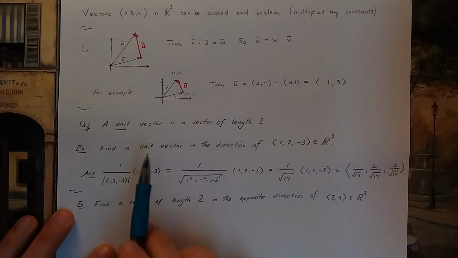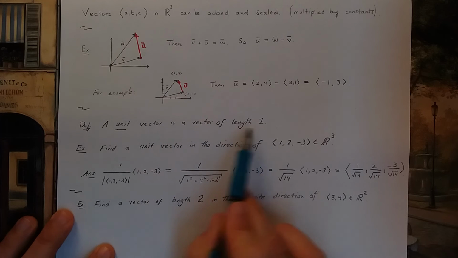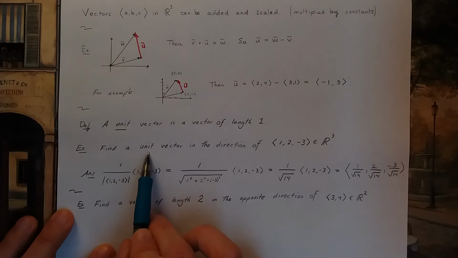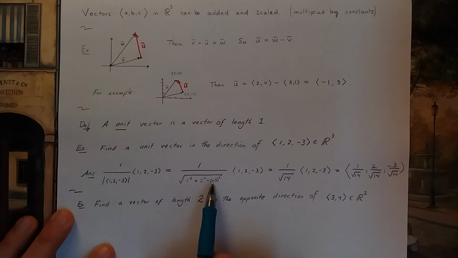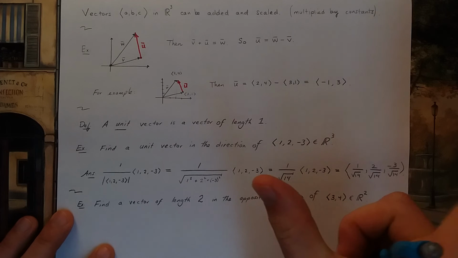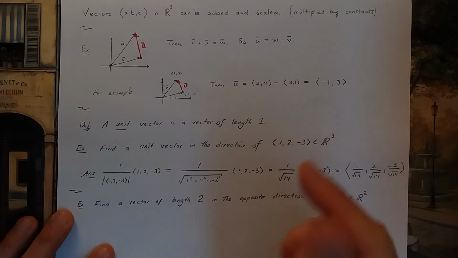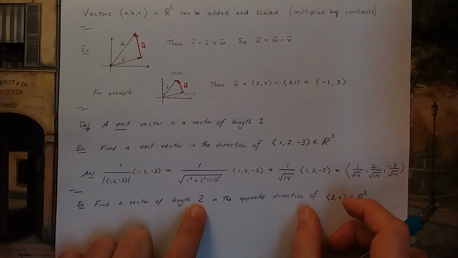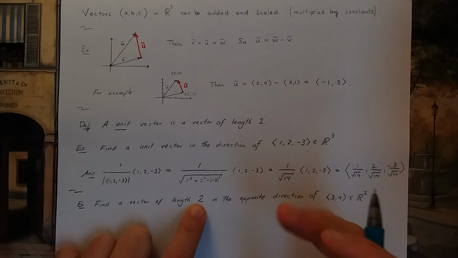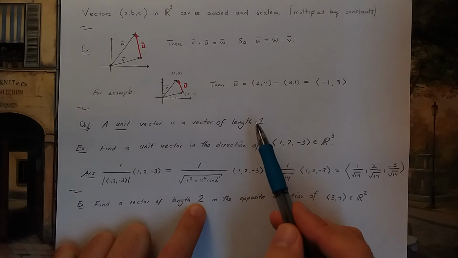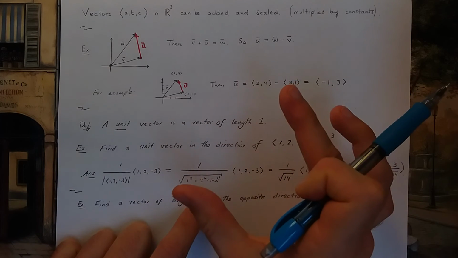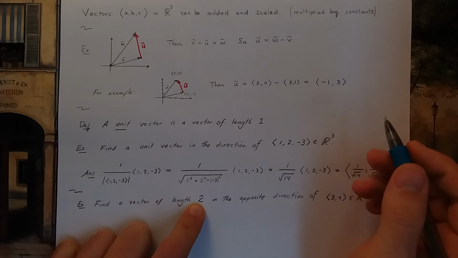Okay, so I know how to get a unit vector. I know how to get a unit vector of length 1. To get a unit vector, you divide by the length of your vector. That gives you a new vector that's scaled to have length 1. So here's my strategy. To get a vector of length 2, the first thing I will do is find a unit vector, a vector of length 1. Then I'll multiply that vector by 2, making it twice as long.